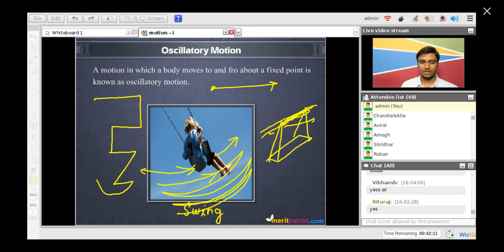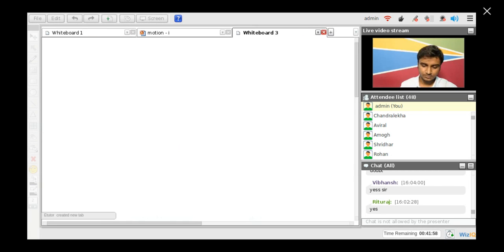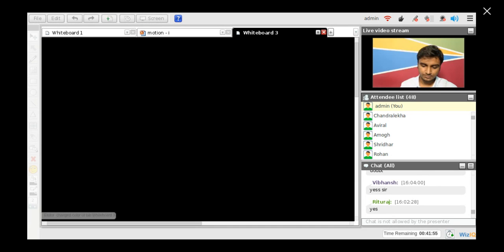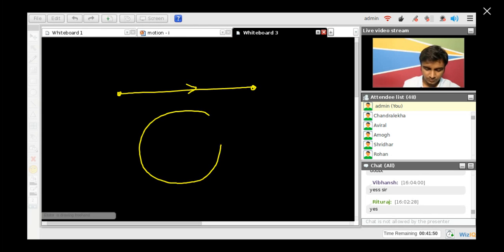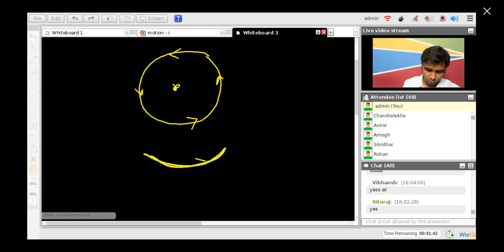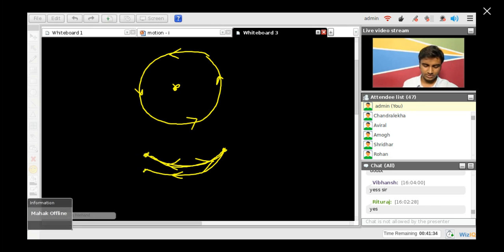So these are some definitions and examples of types of motion. Straight line motion, that is rectilinear, then rotatory motion, and then oscillatory motion. We have discussed rectilinear, that is straight line motion, circular motion, and to and fro motion. These three motions.